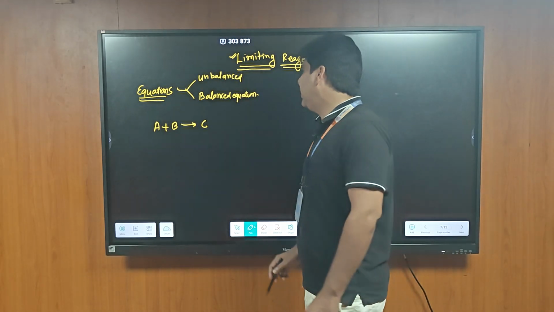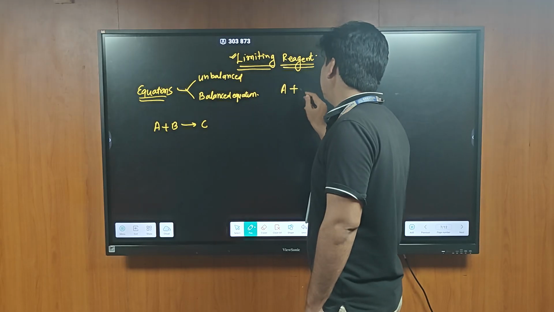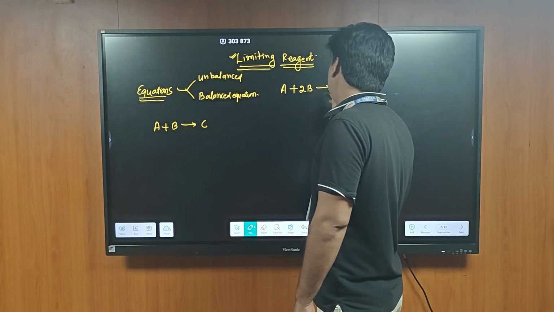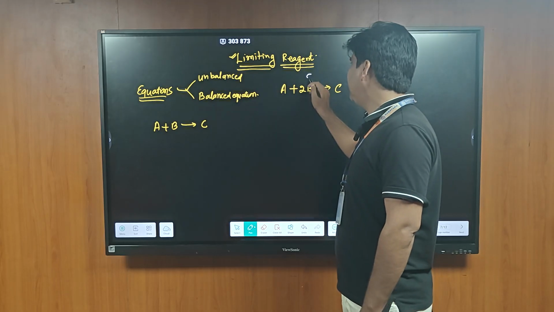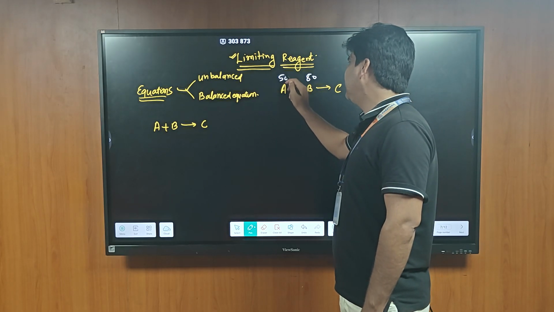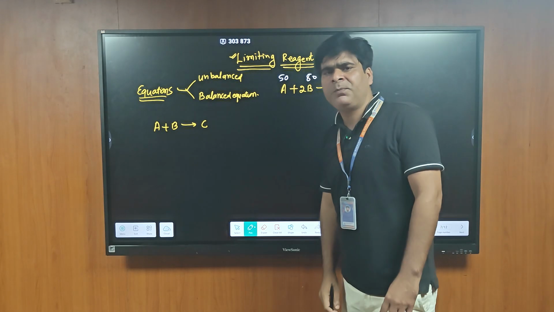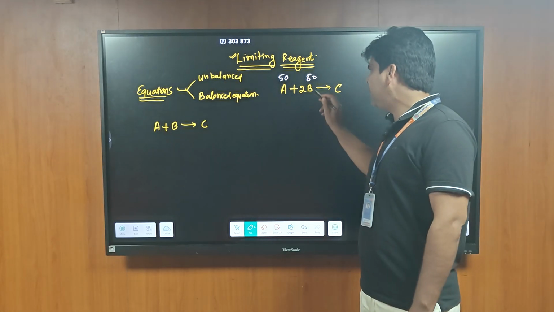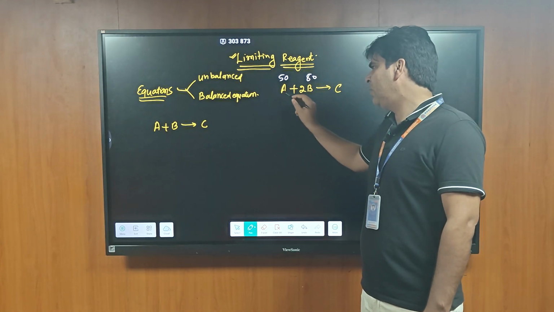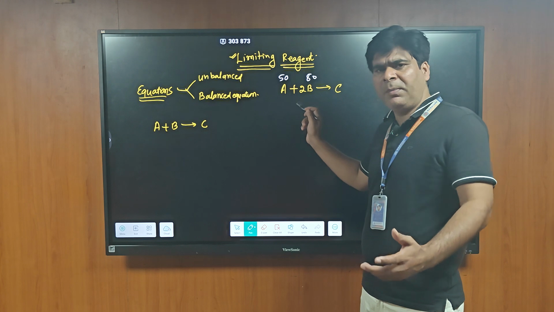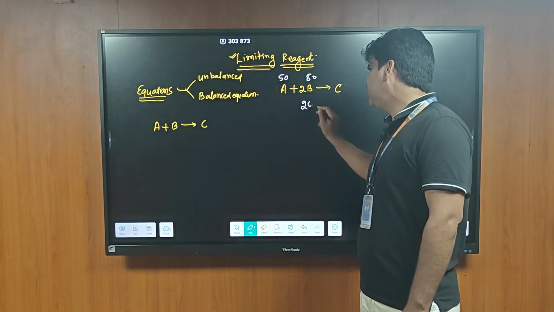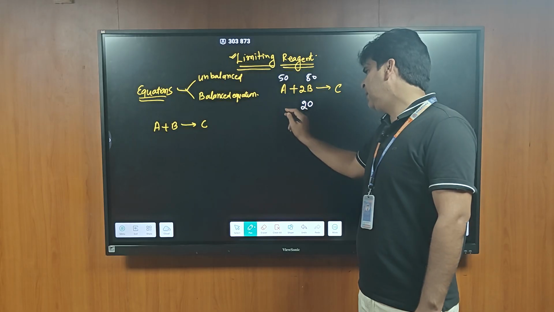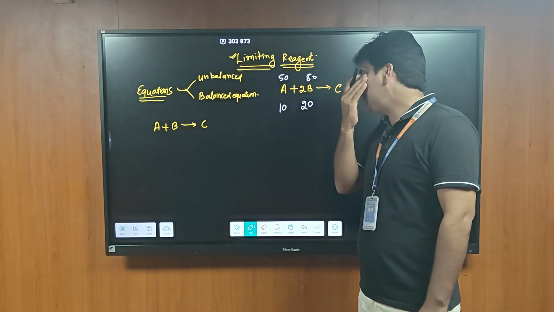So just consider the scenario that there is a reaction A plus 2B is giving C. Now, just consider that this friend has 80 rupees and this friend has 50 rupees. This friend has said that I'll spend twice what you will be spending. So he spends 20 rupees, this friend spends 10 rupees.